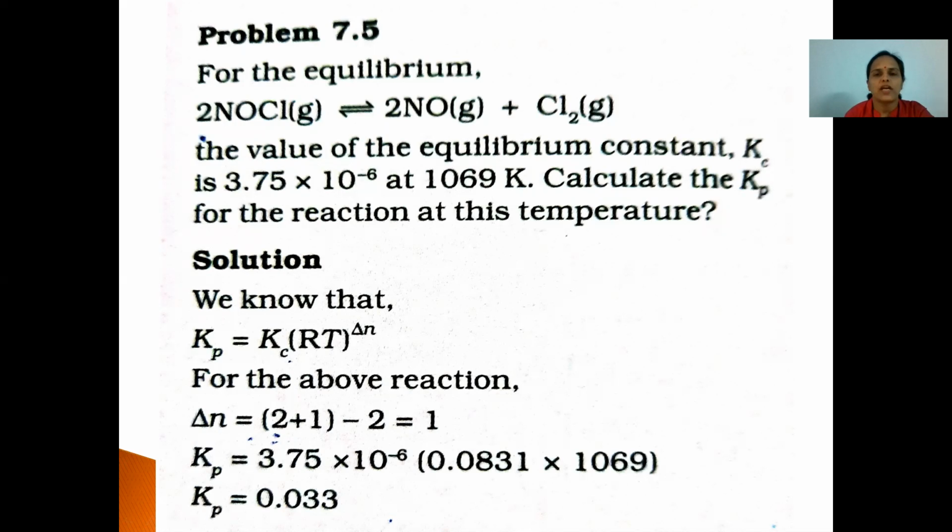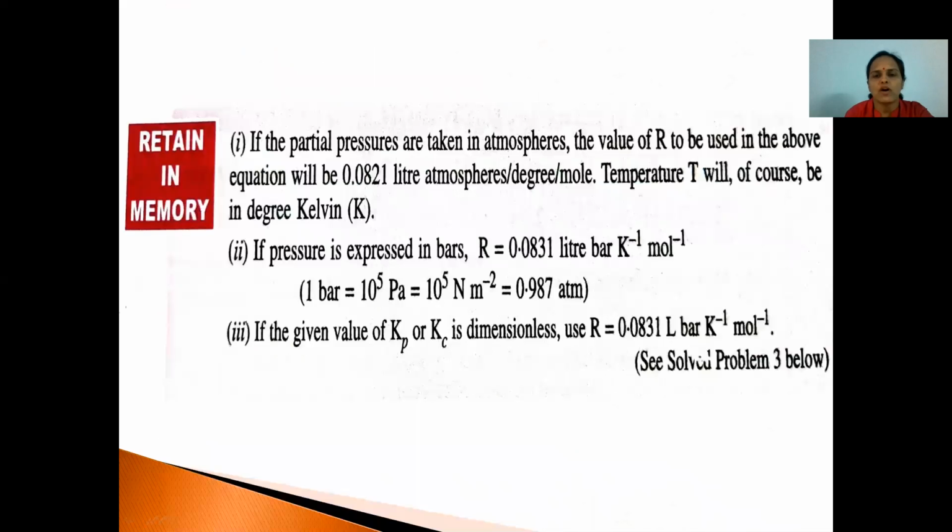Now see which value of R I'll be taking. Keep in mind, if the partial pressures of the gases are given in atmosphere, the value of R to be used in the equation will be 0.0821 liter atmosphere per degree per mole.